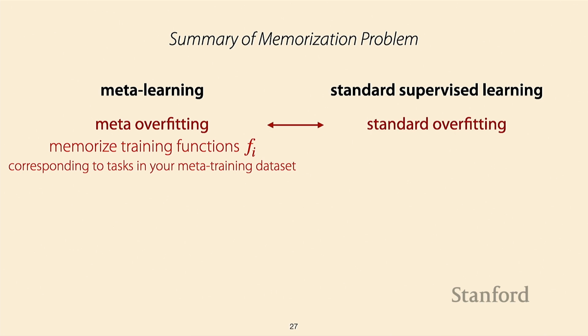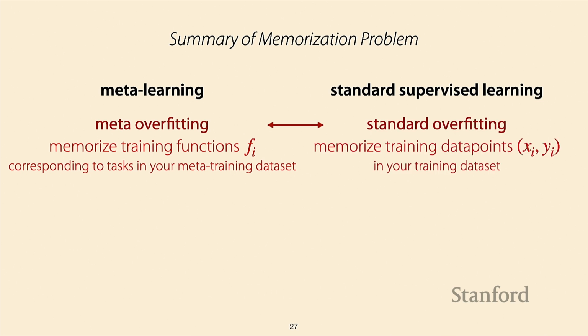This is analogous to standard overfitting in supervised learning, where instead of memorizing functions, you're memorizing individual training data points. And similarly, you can think of meta-regularization as analogous to standard regularization in supervised learning.